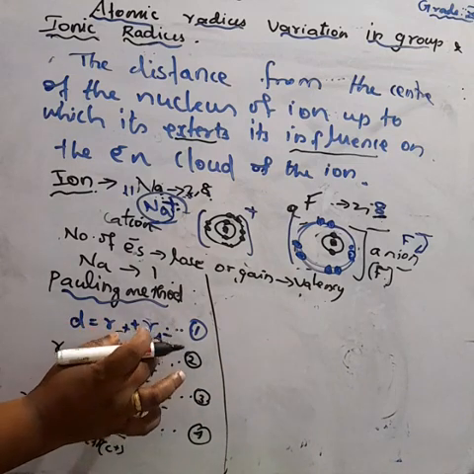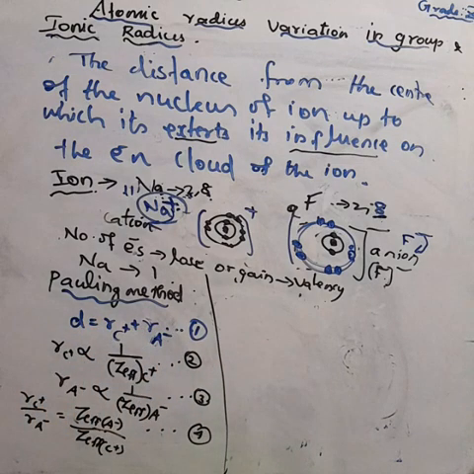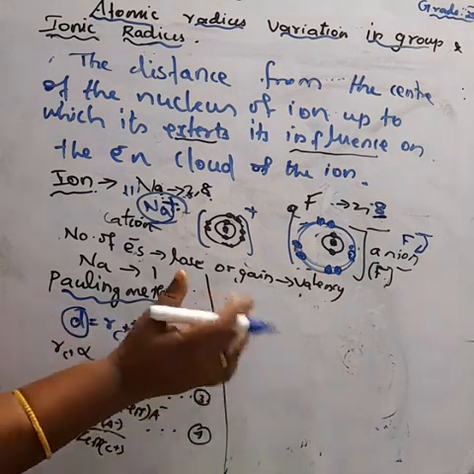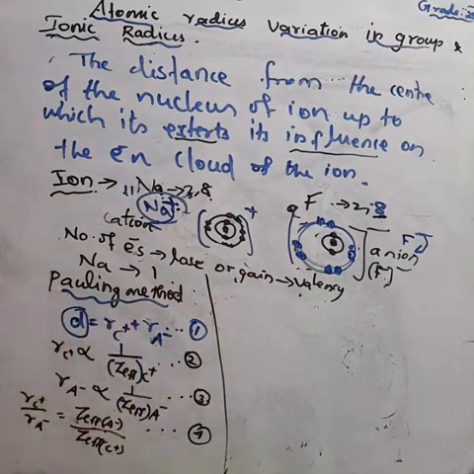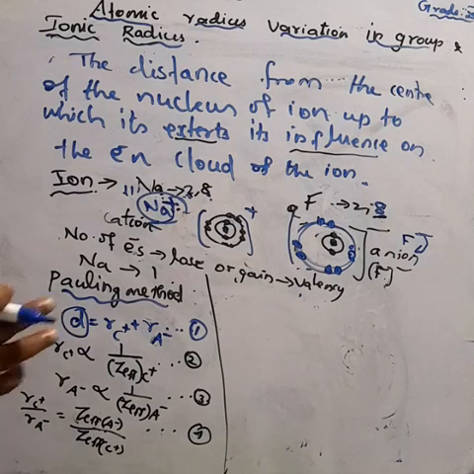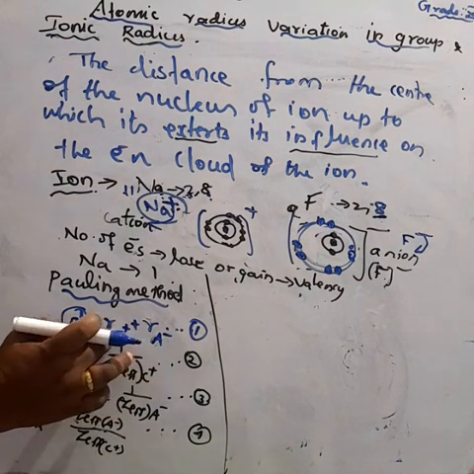By solving equation number 1 and equation number 4, the values of R_C^+ and R_A^- can be obtained, if we know the interionic distance D. From equation number 1, D is equal to R_C^+ plus R_A^-. If we know the interionic distance, we can calculate the radius of the cation and the radius of the anion.